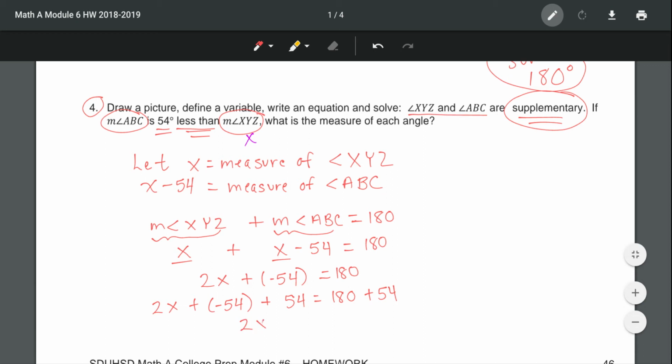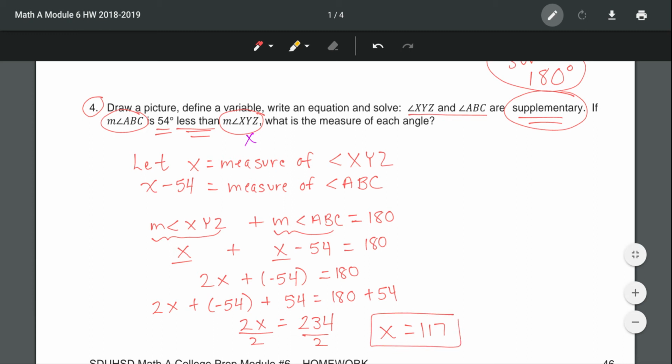So we get 2x is equal to 180 plus 54. It's 234. Now we divide both sides by 2. So x equals 117.